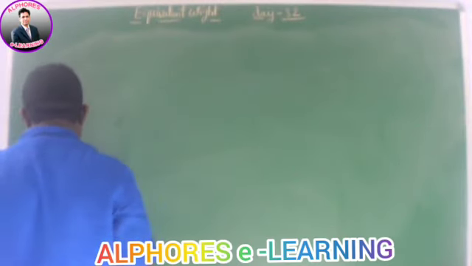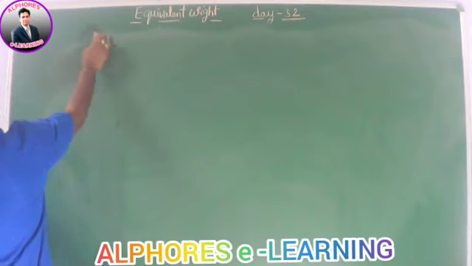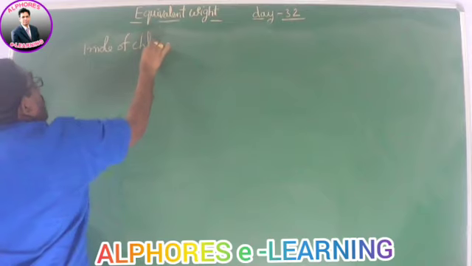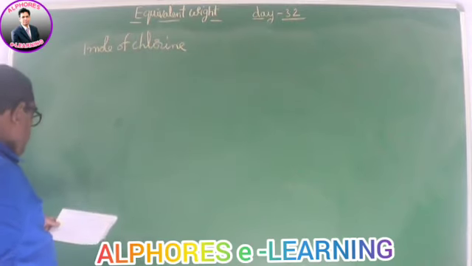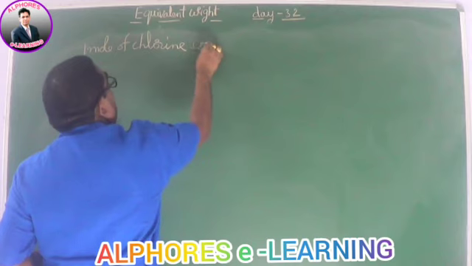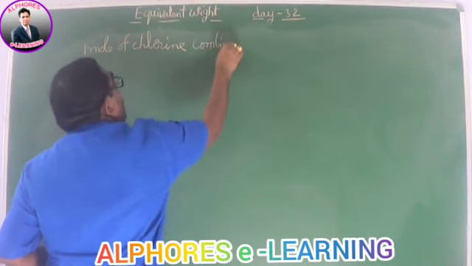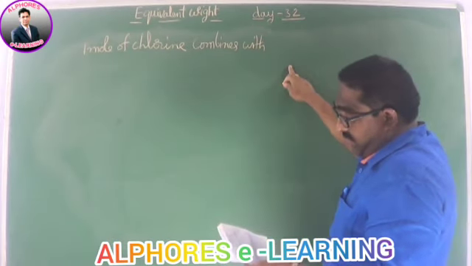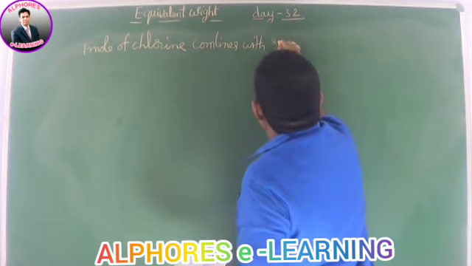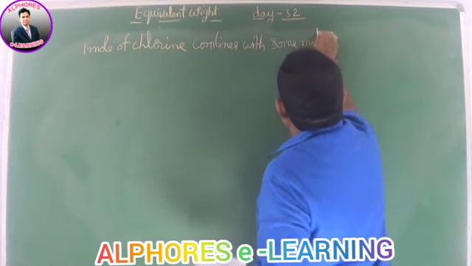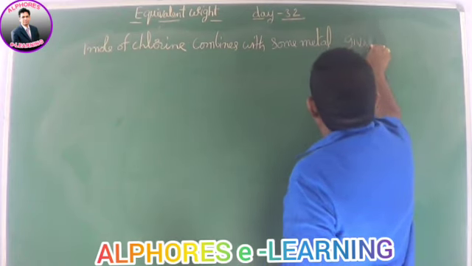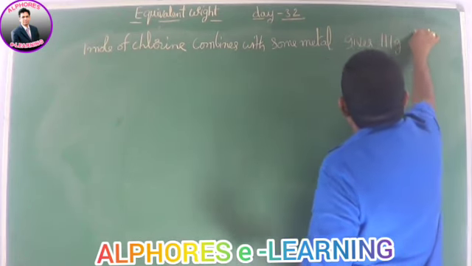Please write along with me. 1 mole of chlorine combines with some metal and gives 111 grams of its chloride.